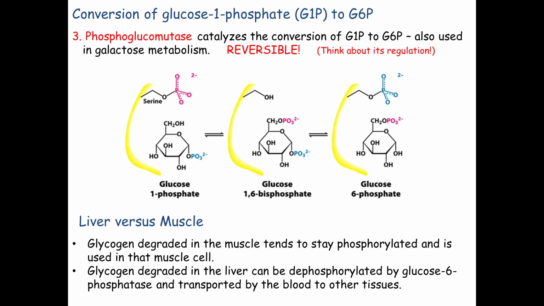But could we regulate this another way? Is there a way to turn this enzyme off? Can you think of another way? This is not an easy question, I know. I'm just getting you to think about it. You phosphorylate it? I could dephosphorylate it, correct. And what would do that?